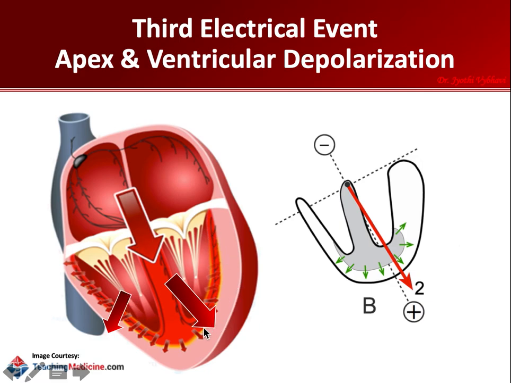Because they are generated simultaneously, we can add them up, and the cumulative vector is pointing downwards and leftwards. So this vector represents the major ventricular depolarization, a very thick vector, a major electrical event, because the major part of the ventricle is depolarizing and it is facing downwards and leftwards.